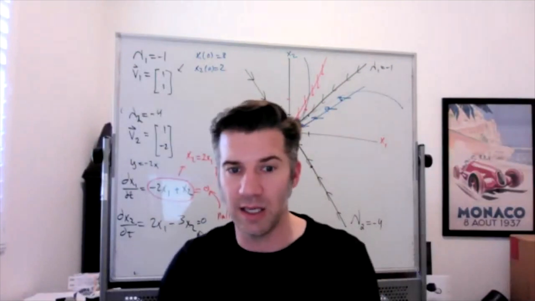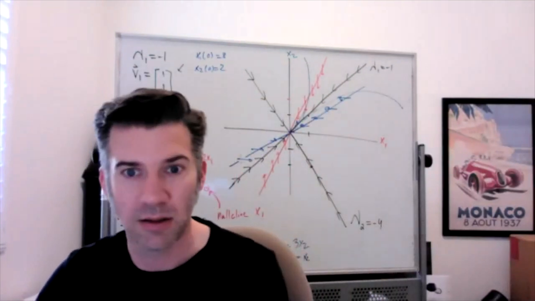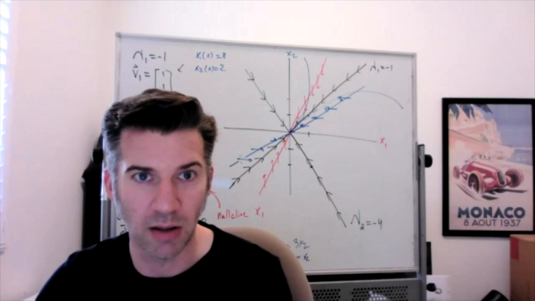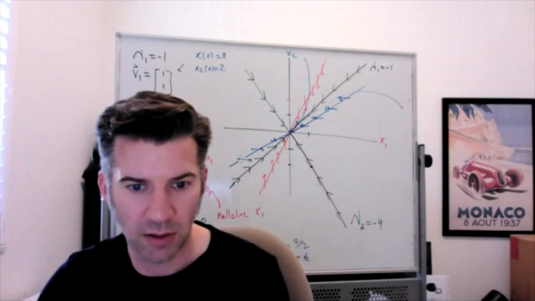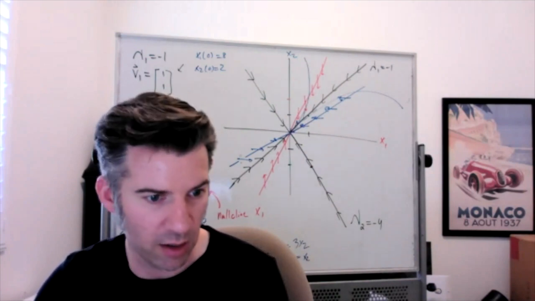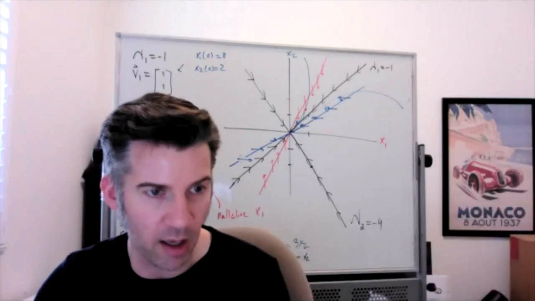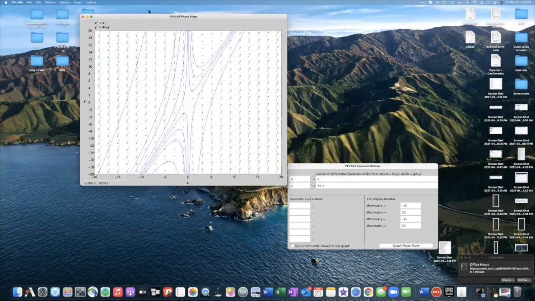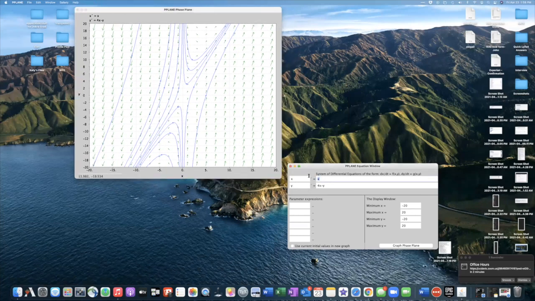And again, we can see this more nicely if we look at the p-plane. So let's get old p-plane going again here. I can't emphasize enough, if you have the opportunity to, it is worth your while to download p-plane so you can see what things look like. So our system of equations was dx1 equals -2x1, which is x, plus x2, which is y.